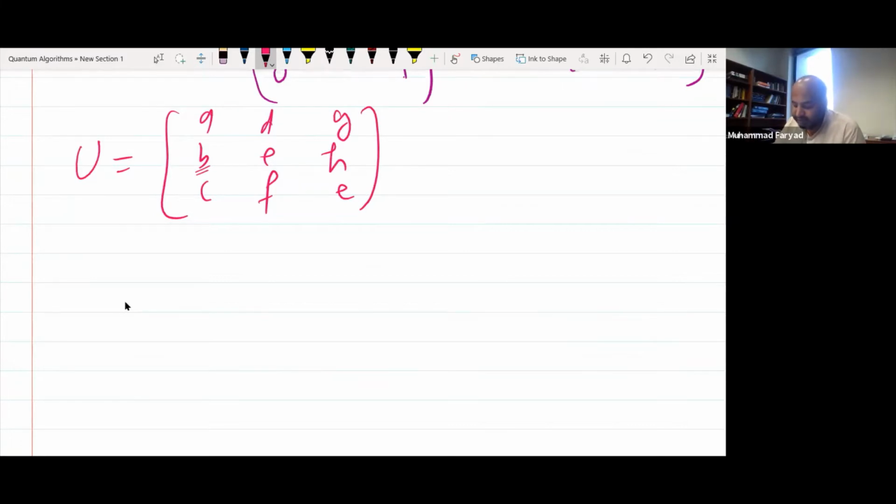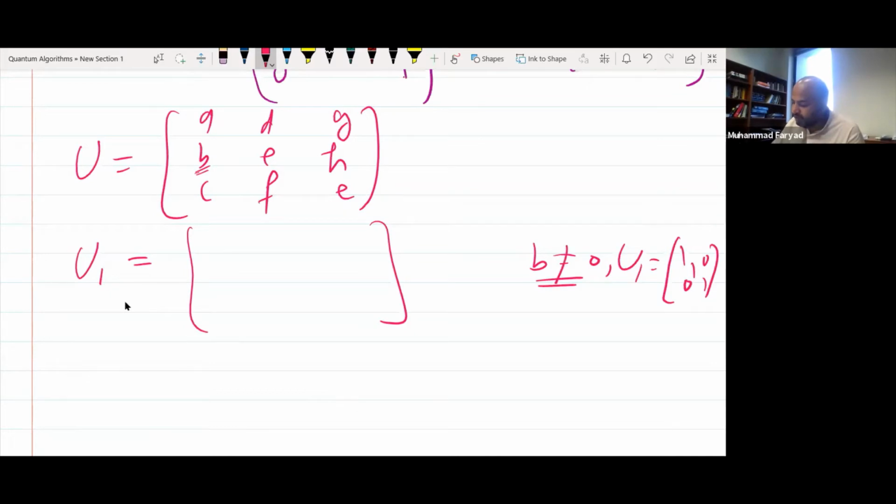So let's start from this. So let's try to make this be 0. So we need to find out some matrix U1, which is a two-level unitary. But when I multiply this U1 with U, I need to get this B to be 0. So I'm assuming that B is not 0 to begin with, because if B is already 0, then I can take U1 to be just an identity.